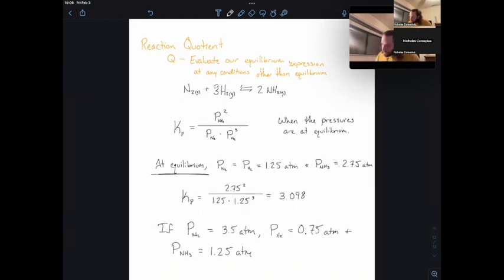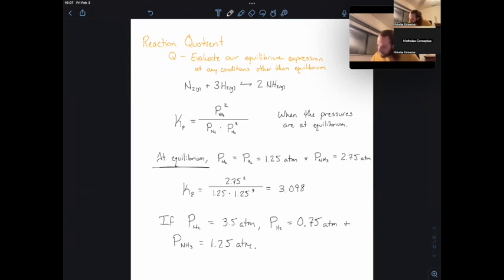And we can ask, which direction will the reaction proceed?